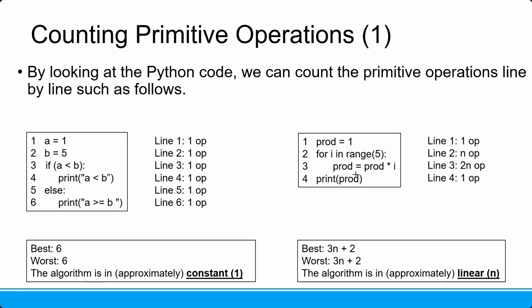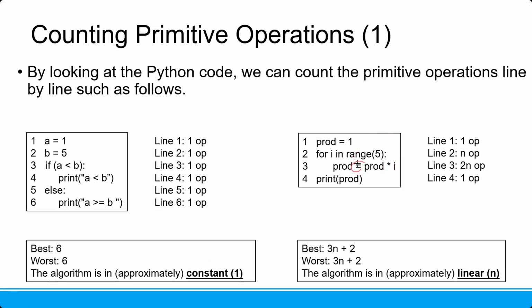If you look at this one, we have 2n, because there are 2 operations. The first is the equal sign. This is one operation. This is another operation. So this is 1, and this is another 1. So there are 2 operations, and these 2 operations will happen n times.